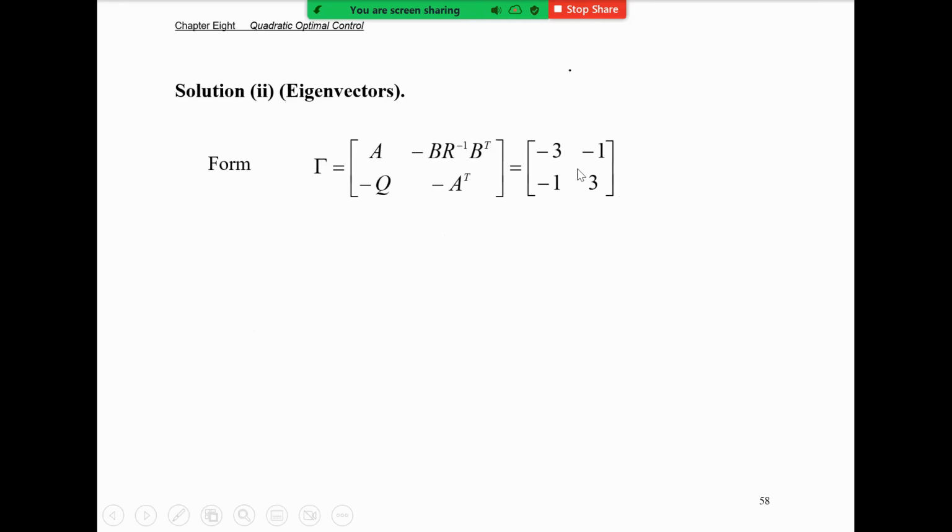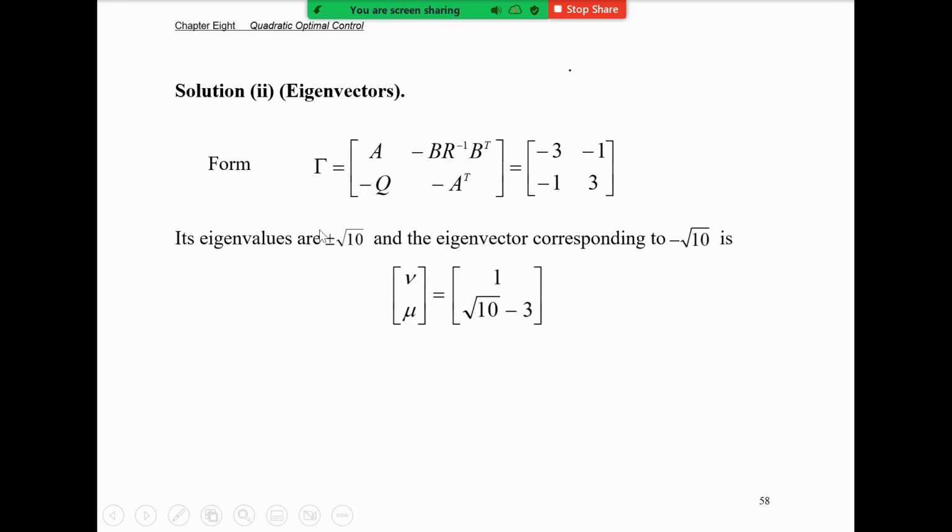So that's why we have -1. Q is 1, we have -1. Okay, so you have a matrix. Because it's a 2 by 2 matrix, you can compute its eigenvalues. The eigenvalues are plus and minus square root of 10. And then you try to get the eigenvector corresponding to the stable eigenvalue, minus square root of 10.